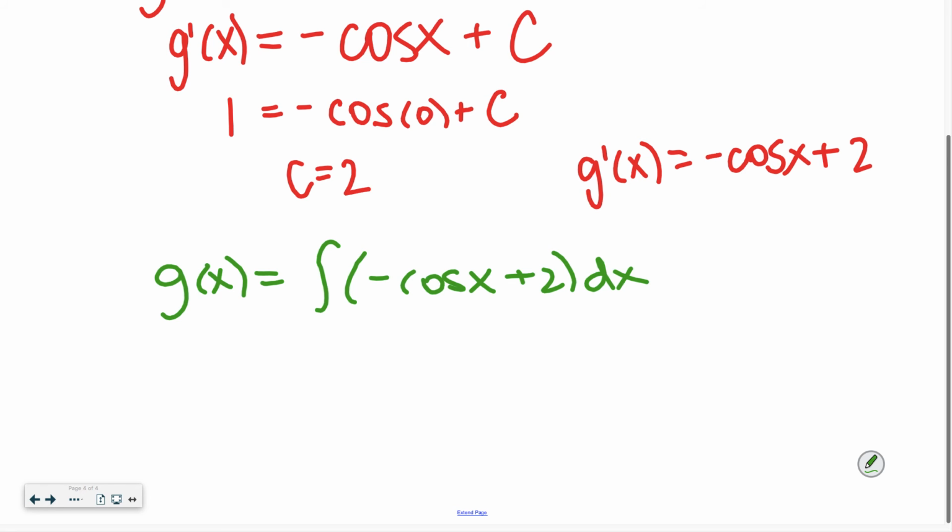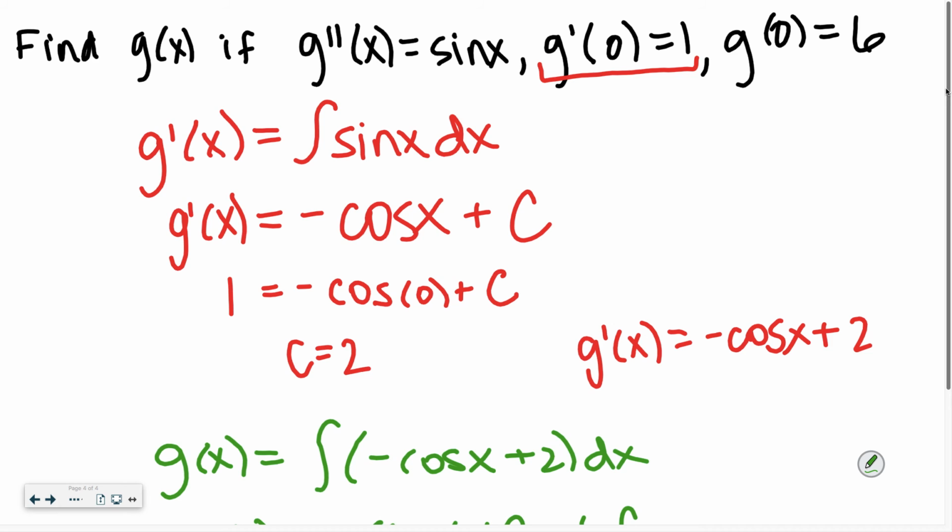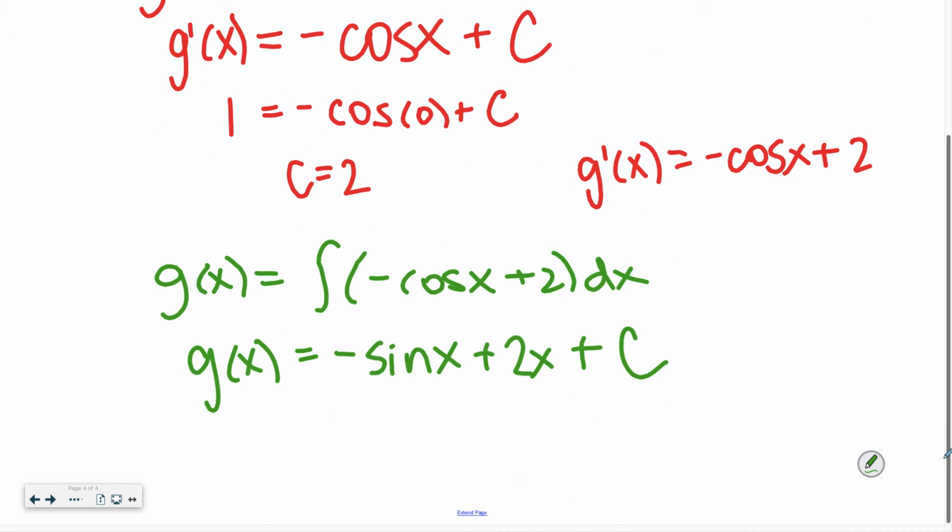All right, so the antiderivative for negative cosine, what kind of sign? Okay, it has to stay negative. And then the antiderivative for 2 would be 2x. Plus C. Okay, back up top, we know that g of 0 equals 6.